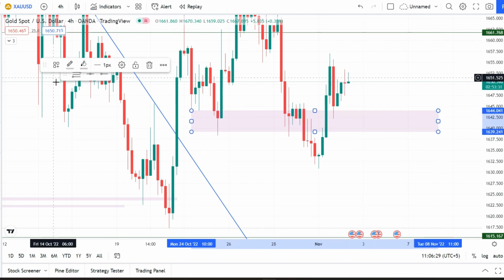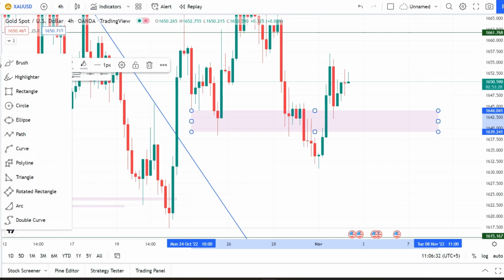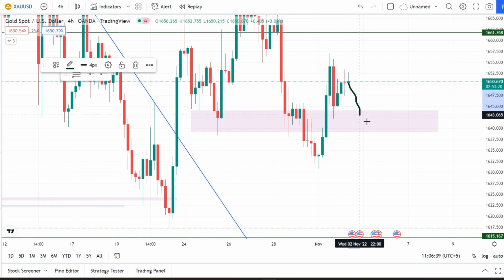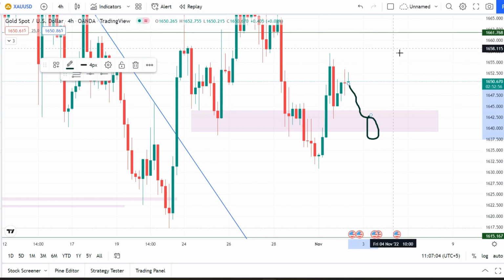If gold gives us any 1 hour closing in between this area, then you should not enter a buy trade until you have the proper possibility. If gold is not able to give a closing below this area, then you can look for a buying position. Your targets should be 1670 and 1660.